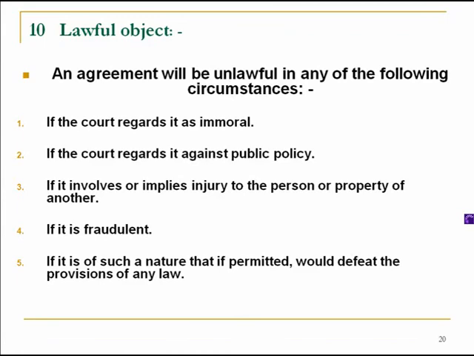Third, if your purpose is to cause physical injury or financial injury to the next person, known here as unlawful objective. Fourth, if you are making an intentional mistake, known here as fraud. And finally, if it is of such a nature that, if permitted, it would defeat the provisions of any other parallel laws. So these are five elements to understand what is lawful or unlawful.